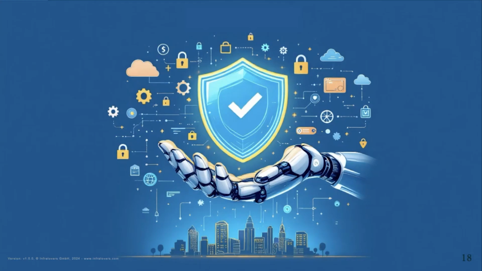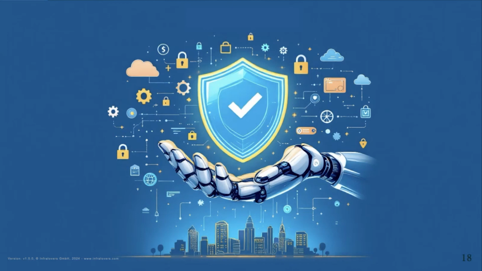And finally, of course, AI can help organizations manage and enforce their governance or compliance requirements in a more efficient manner, for example, by automating risk assessments, monitoring, and of course, reporting processes.